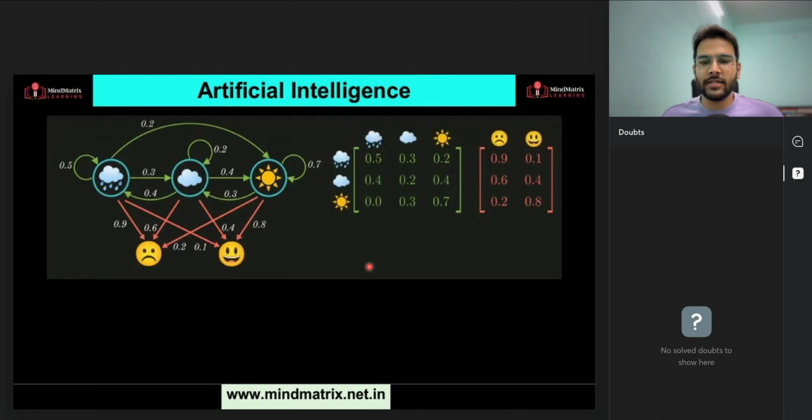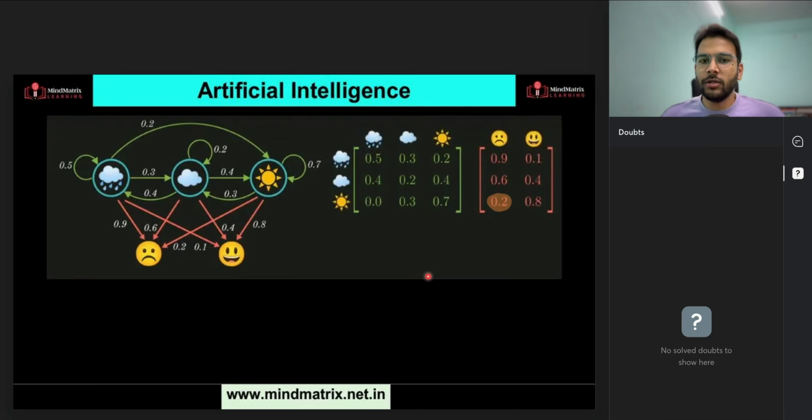Yes, that is correct. Carefully see here, everyone. What is the probability that Tom is happy given that it is cloudy? That is nothing but 0.4. Let me ask a few questions more. What is the probability that Tom is sad given that it is sunny? It's 0.2. Is this clear to all of you? Probability that Tom is sad given that the weather is sunny. Any doubt, anyone? Are you able to read these given matrices?